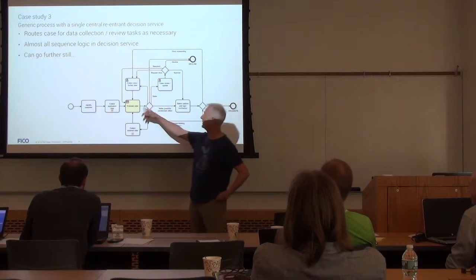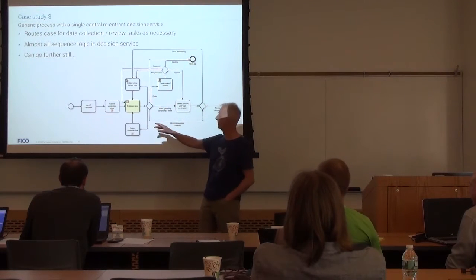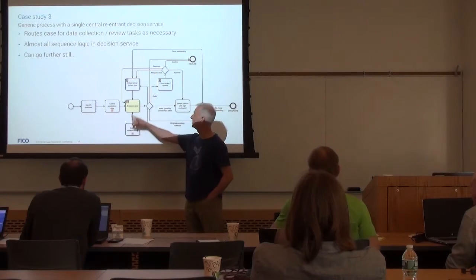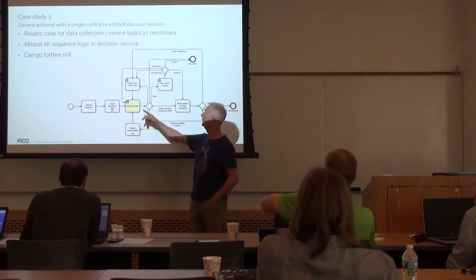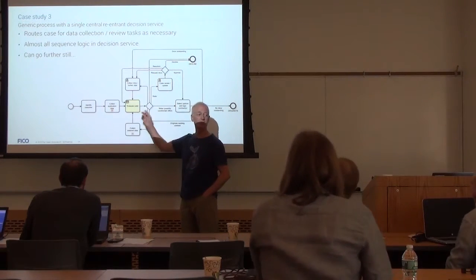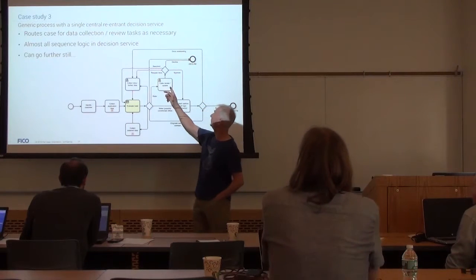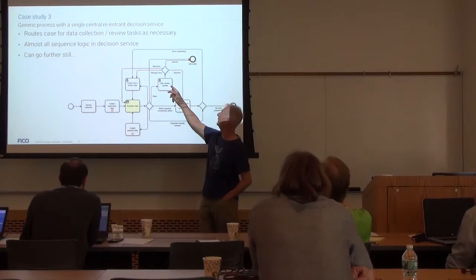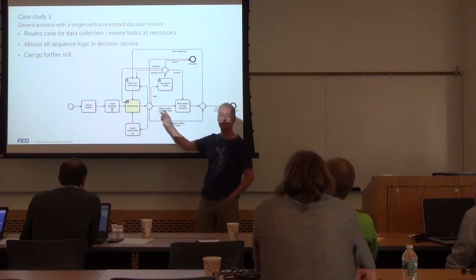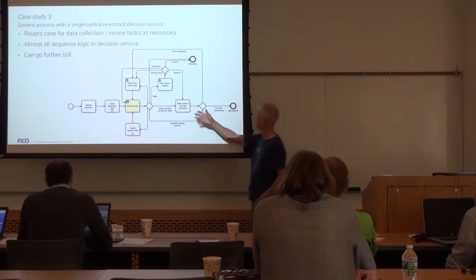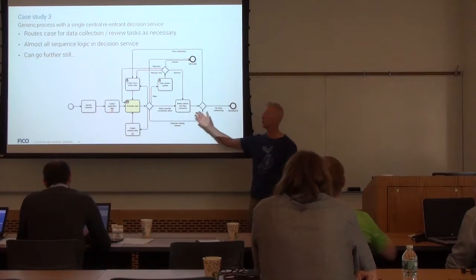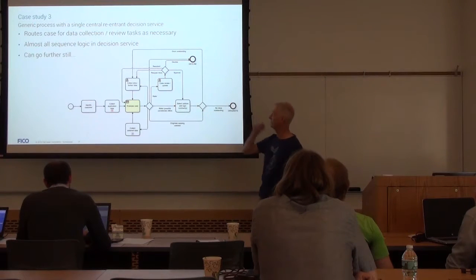So again, we have a central evaluate case decision point, and we might go and collect some more data about the case through this loop. We might go back to the customer and get more data or documents through that loop. We might send it for review, get some judgments by the case officer, reevaluate it, and so on. And eventually, we offer them a contract, or we don't. We originate or we decline.